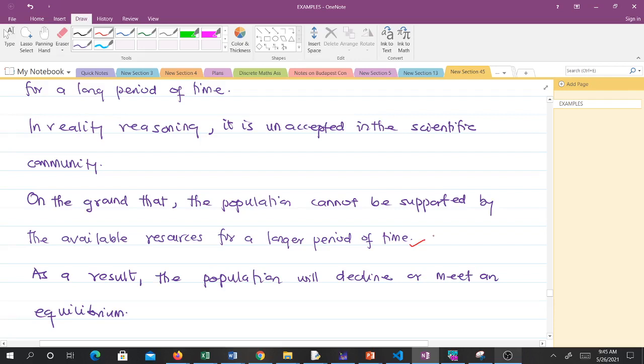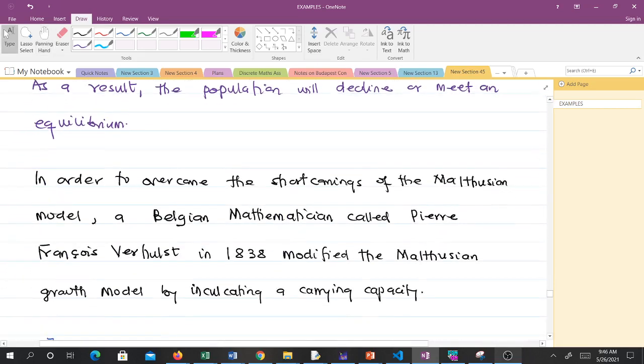As a result, the population will decline or meet an equilibrium, right? So you see, when the population is growing, it will grow to a certain limit that it can't grow beyond, right? When it reaches its maximum capacity, which in biology we call the carrying capacity, it can't go beyond that.